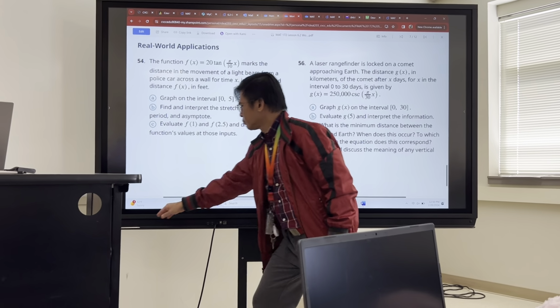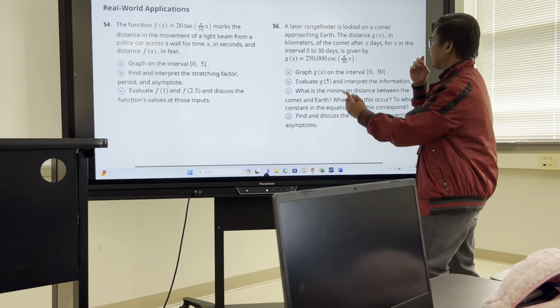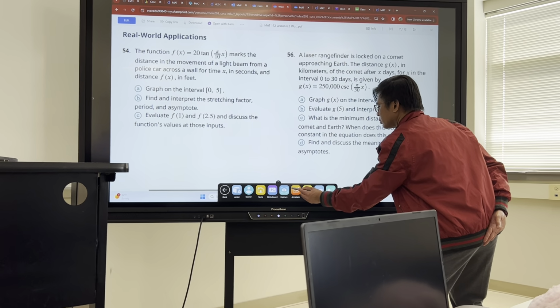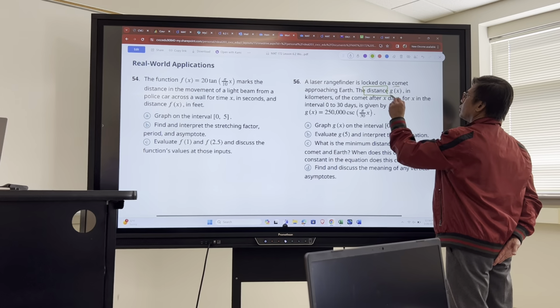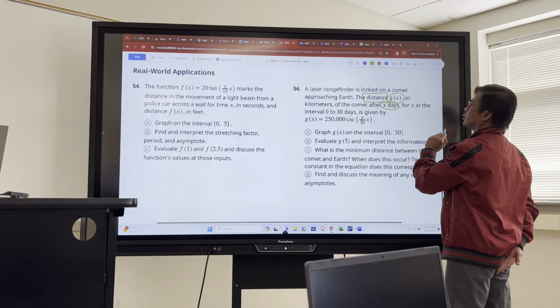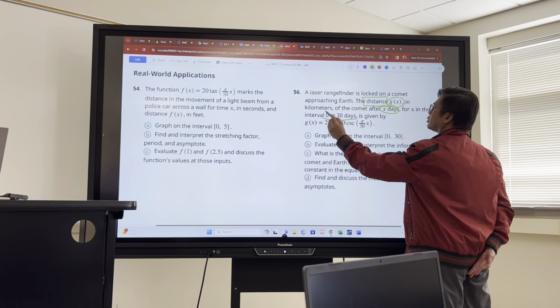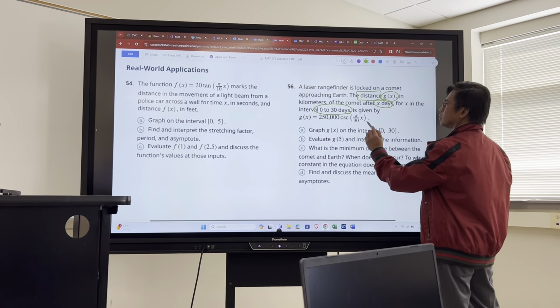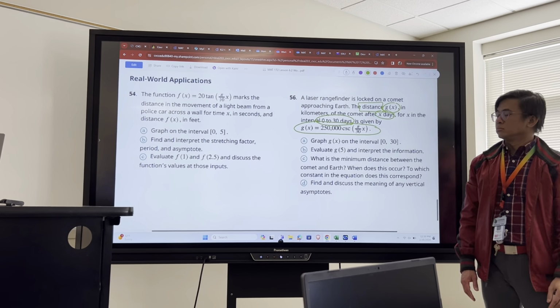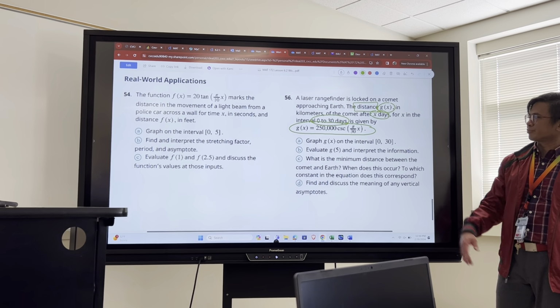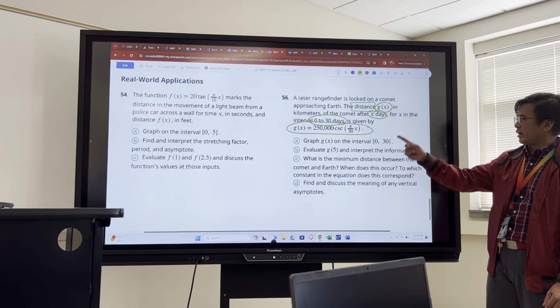A laser rangefinder is locked on a comet approaching Earth. The distance g of x in kilometers of the comet after x days, for x in the interval 0 to 30 days, is given by g of x equals 250,000 csc of pi over 30 x. Okay, so we need to graph it.